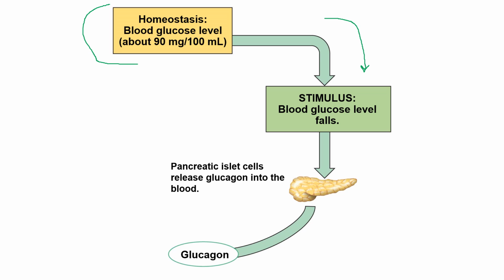Oh, okay. Then the alpha cells, in response to lower than normal blood glucose, they secrete glucagon into the blood. And glucagon is a signaling molecule. And the primary target of glucagon are hepatocytes, or liver cells.